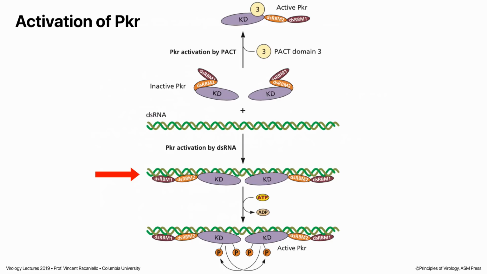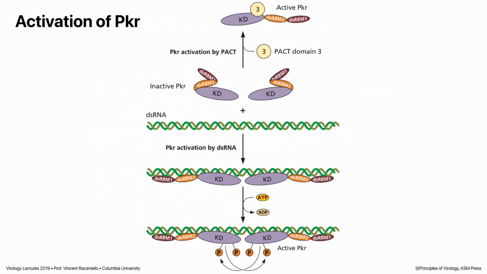And then there's a catalytic domain, or a kinase domain. And when two PKRs bind the same RNA, they phosphorylate each other and they activate each other. So the key here is that you need two PKR molecules bound to a single double-stranded RNA. They will activate each other, and then the active PKR will go on to phosphorylate EIF2 alpha and shut down translation.